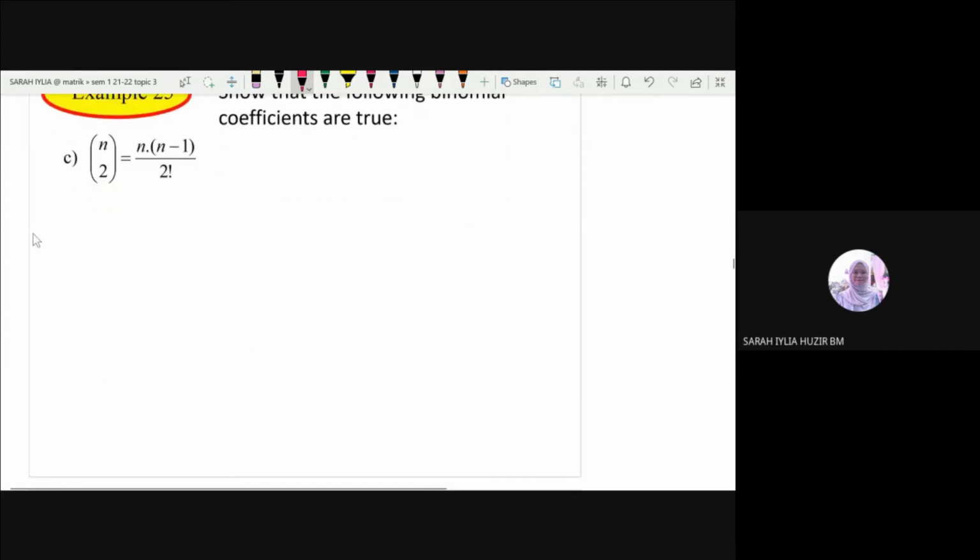Okay. Last one about simplify ni. So we have NC2, dia suruh proving juga. So saya start juga dengan left side. NC2 is basically n factorial over 2 factorial times n minus 2 factorial.